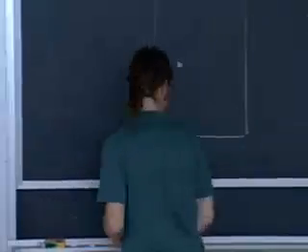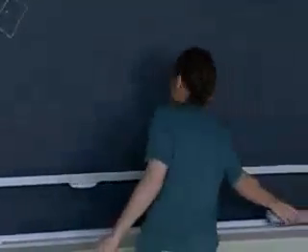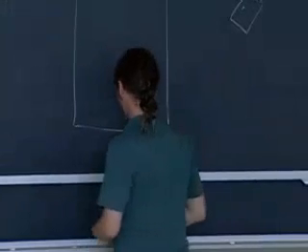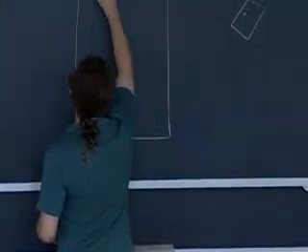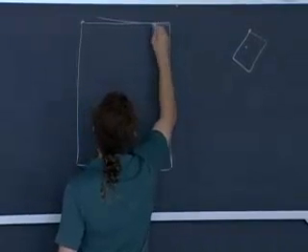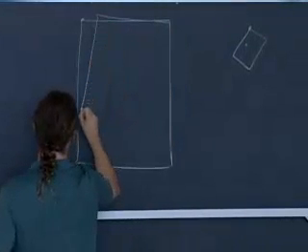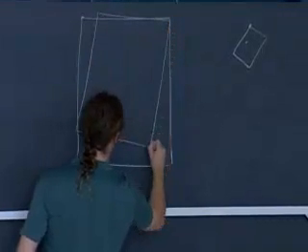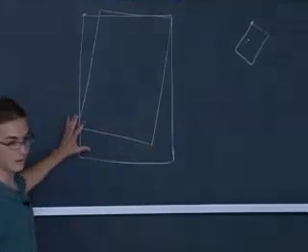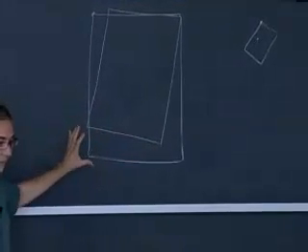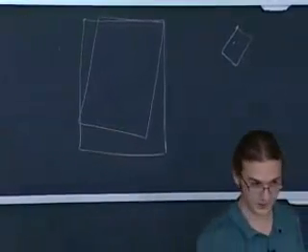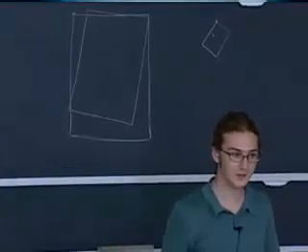With the fractal fern, what we have is a rectangle like this. The fractal fern is an iterated function system that has 4 possible functions.